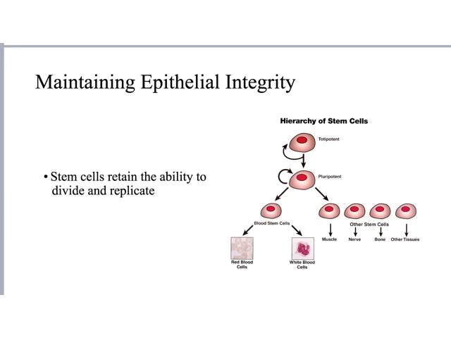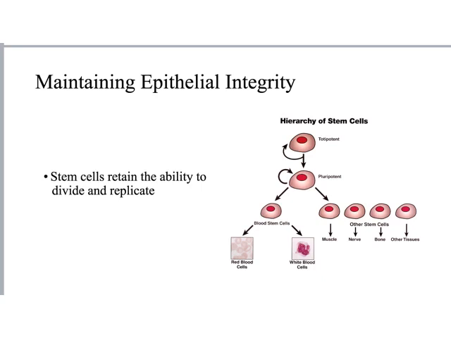Okay, so as the epithelia contact the external environment, whether that's on the skin or in some kind of tube, invariably some of those cells will become damaged, or they'll just become old and get worn out and need to be replaced. And the way that we replace mature cells is with something called stem cells.